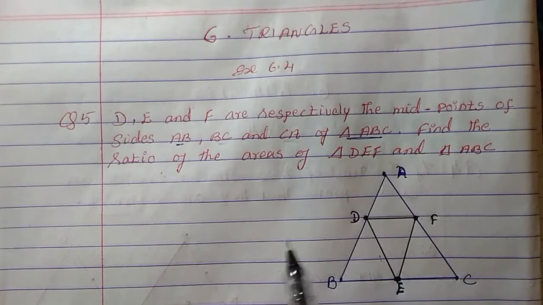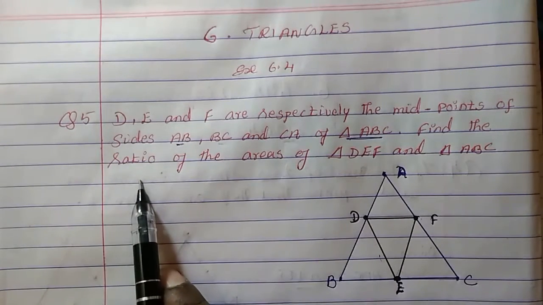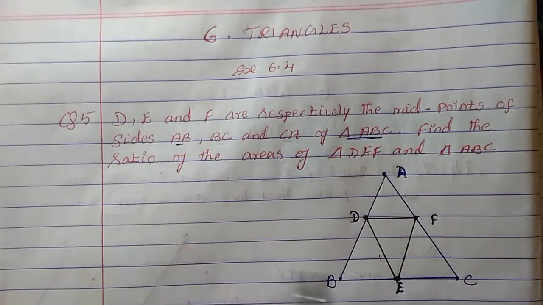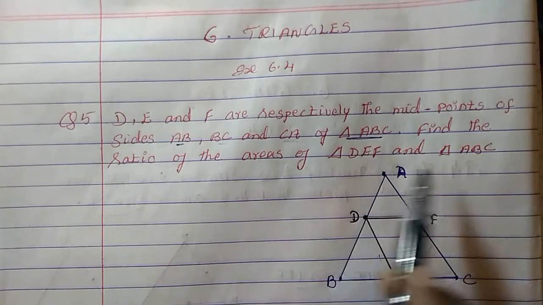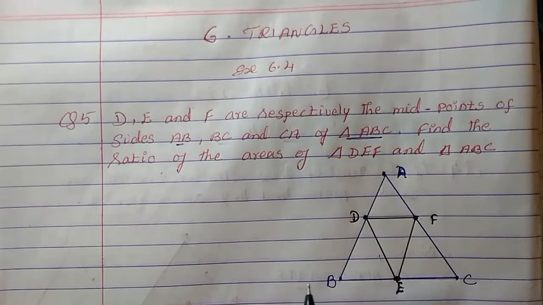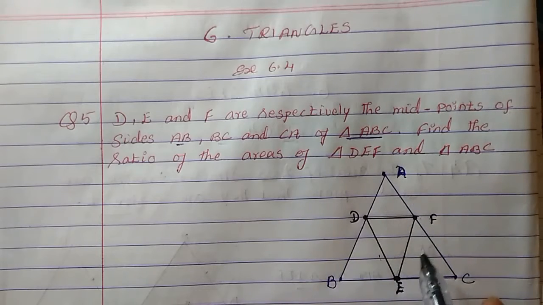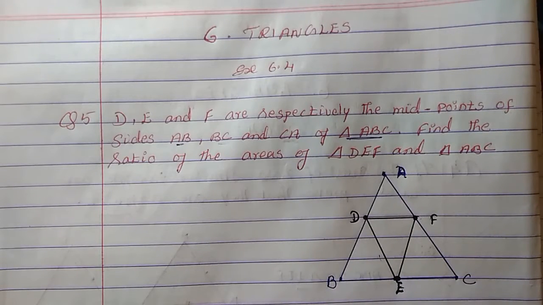So before finding out the area, we have to know whether both the triangles are similar or not, because if they are similar, then only we can find the ratio of the area. So first we have to prove that triangle ABC is similar to triangle DEF.